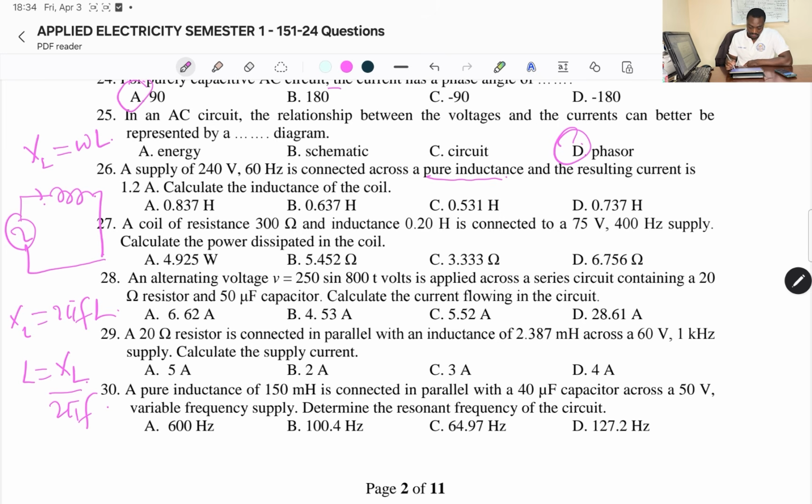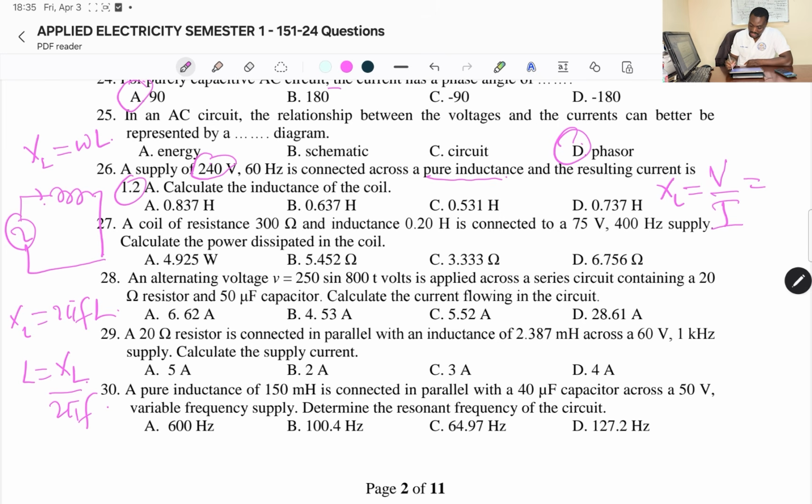We also know the formula for inductive reactance can be equal to the root mean square voltage over the root mean square current. So 240 here represents the effective or root mean square value, and the current here also represents the root mean square or effective current.